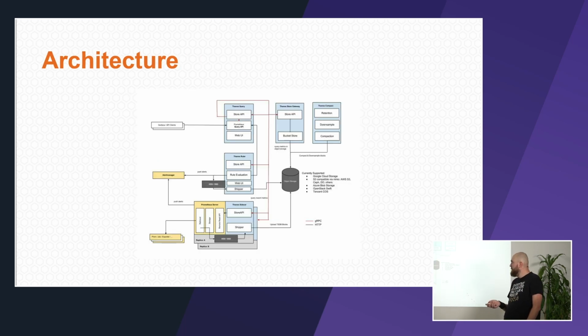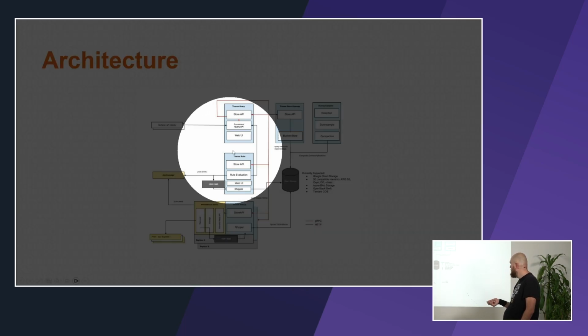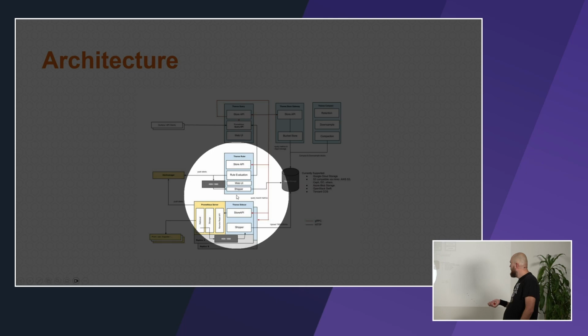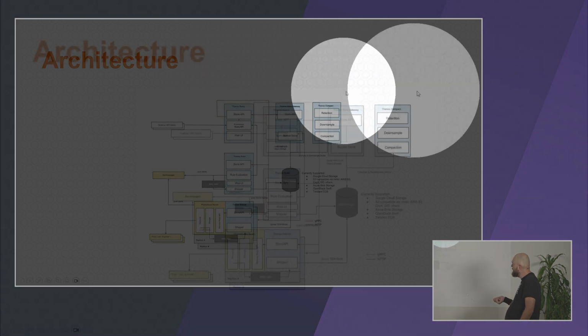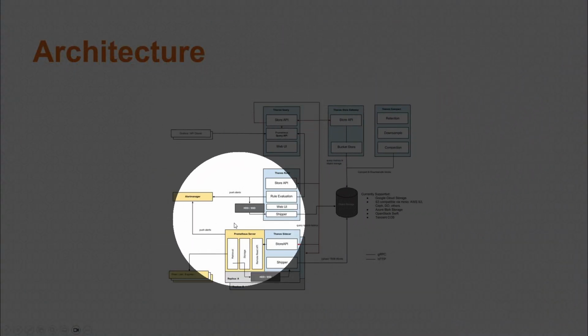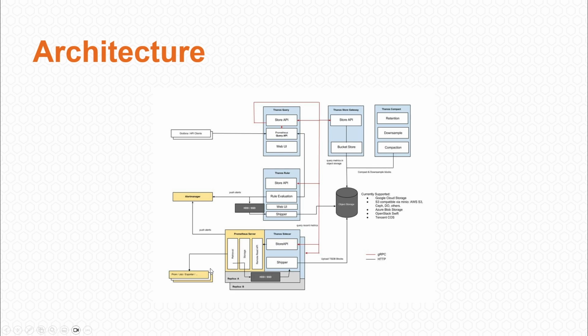This is the architecture of Thanos. We have the Thanos sidecar here. We have Thanos ruler, Thanos query, Thanos store, Thanos compactor, etc. The Thanos sidecar, as I said, can handle querying or sending data to object storage. Thanos ruler is mostly for Alertmanager and evaluating the rules.